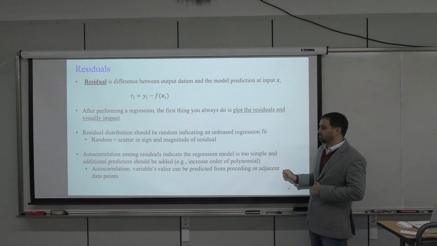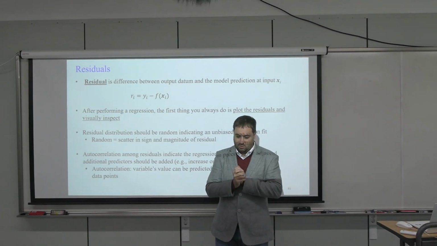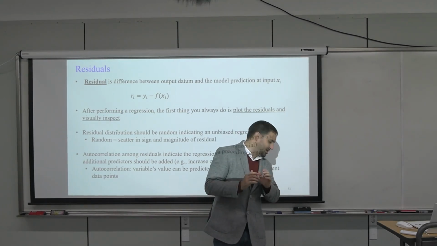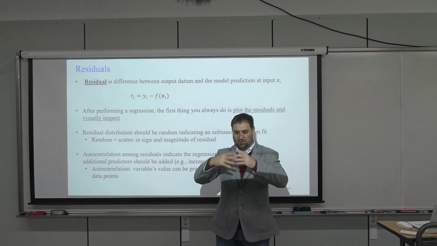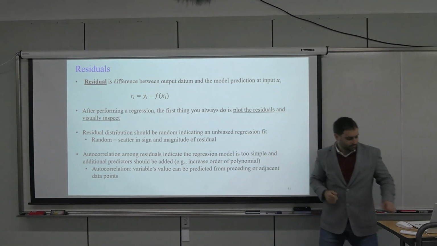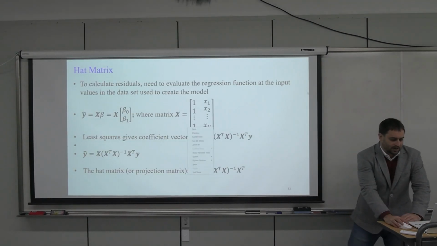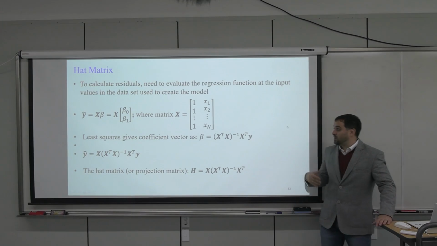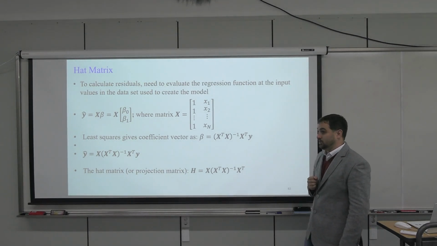And so autocorrelation means if you look to your left, look to your right, you can make a prediction of the value at the data point you're at. And so one last concept before we do the actual residual analysis is what's called the hat matrix.